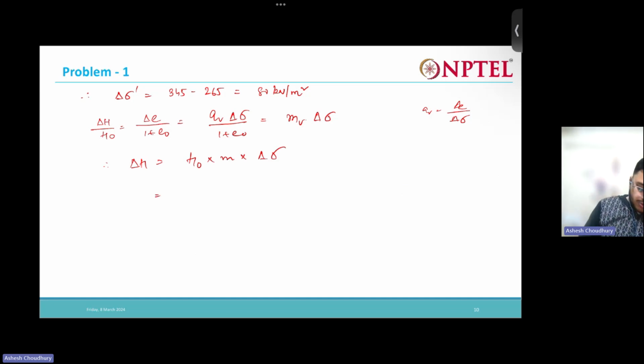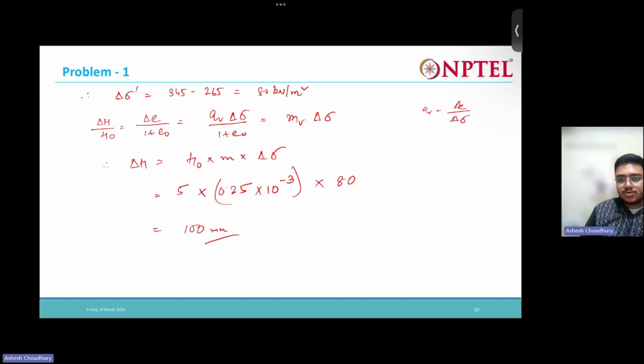So H naught you put 5 meter, mv is 0.25 into 10 to the power minus 3, understood, right? So mega Newton, I am converting to kilo Newton, and this one to 80. So this will come out as, okay. So quite simple only, right?